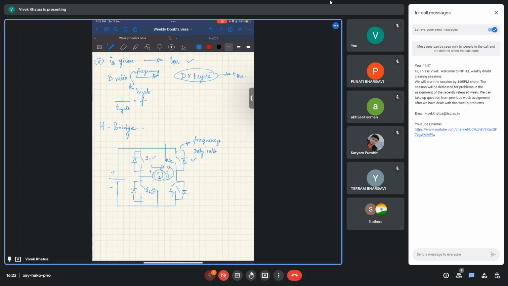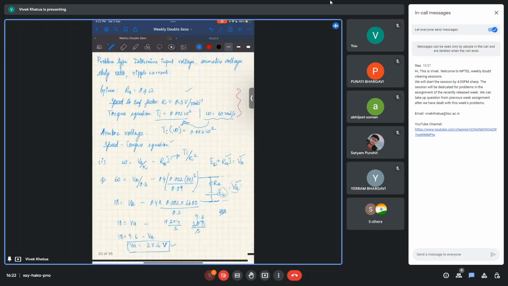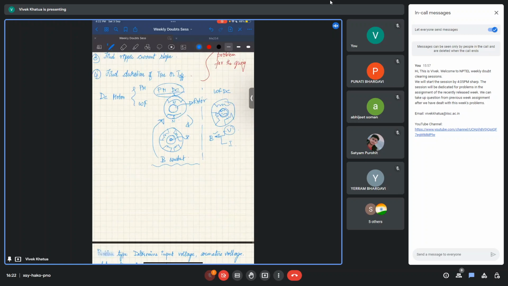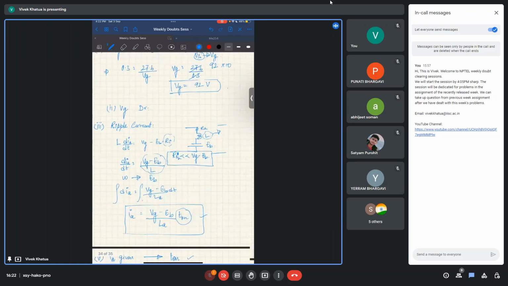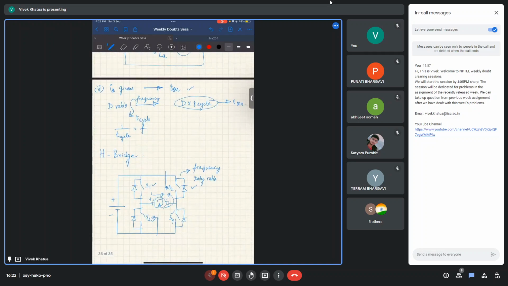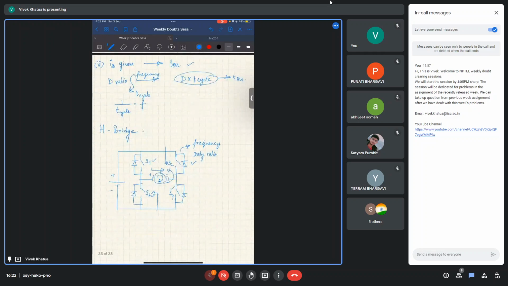This is pretty much this week's question. Now, if there are questions that you need to ask, we can answer that. I guess this week also it is fairly simple. Is there any doubt?